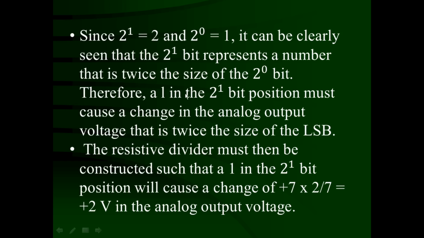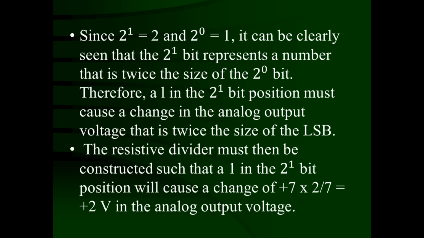Therefore, 1 in the 2 raised to 1 bit position must cause a change in the analog output voltage that is twice the size of the LSB. The resistive divider must then be constructed such that 1 in the 2 raised to 1 bit position will cause a change of plus 7 into 2 by 7, or 2 parts in the 7, that is equal to 2 volt at the analog output.